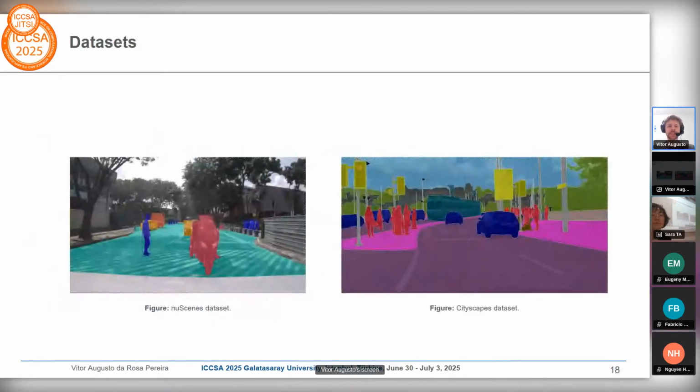About the datasets used by the authors, these both images show some examples of datasets of general traffic object segmentation. In this case, on the left we can see the nuScenes dataset that has annotated masks of road segmentation and object detection and segmentation. And on the right, we can see the Cityscapes dataset, which is specific for semantic segmentation of traffic elements.